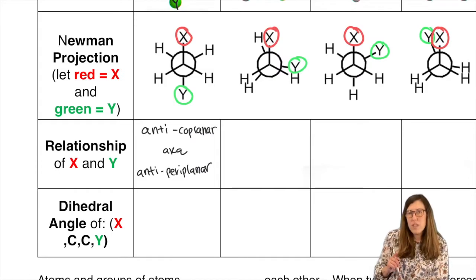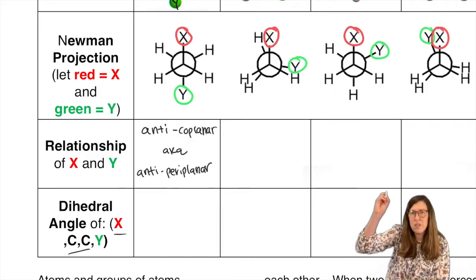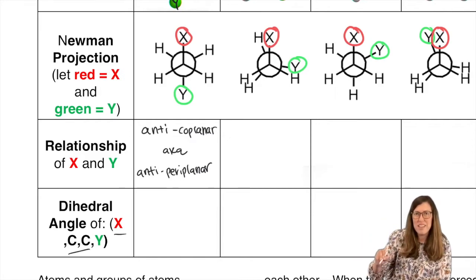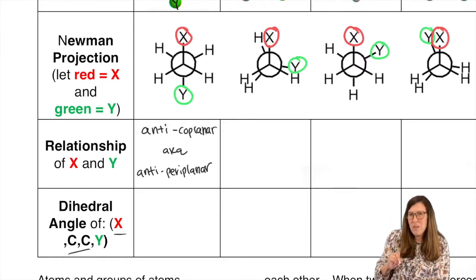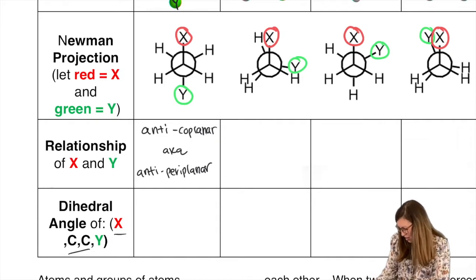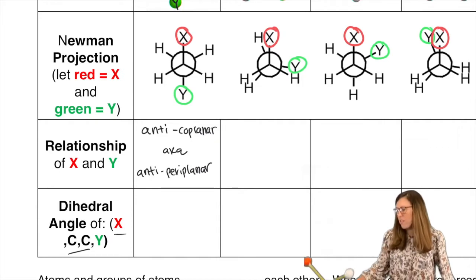Now, when they're opposite each other, that introduces a new term, a dihedral angle. And notice that you're used to doing angles with three things, you know, A, B, C, right? What's the angle? Right there, A, B, C. How do we get four things? Let me show you.